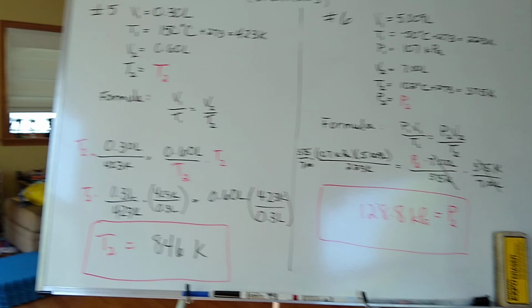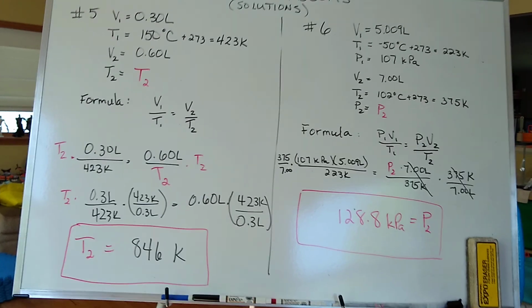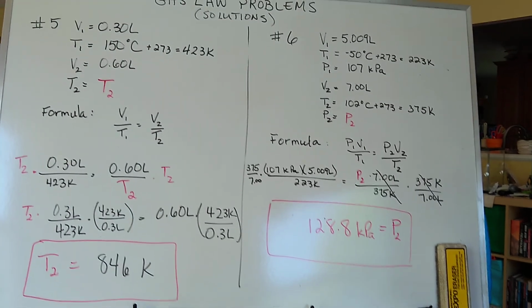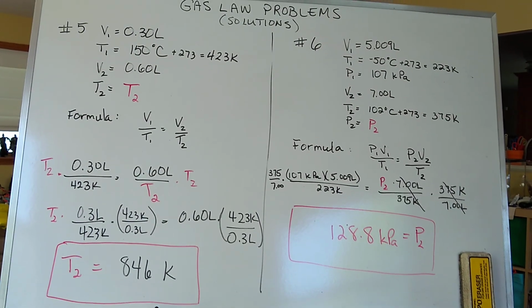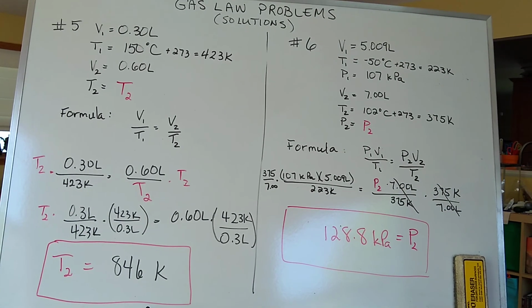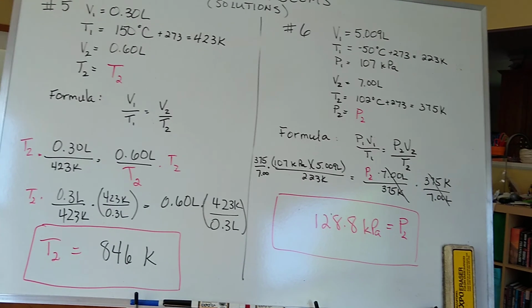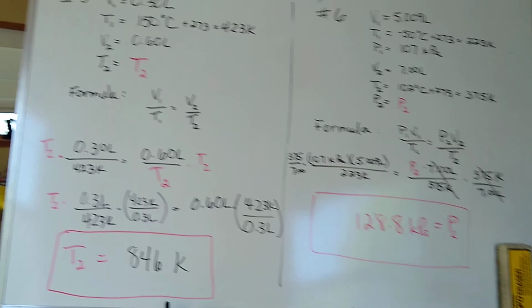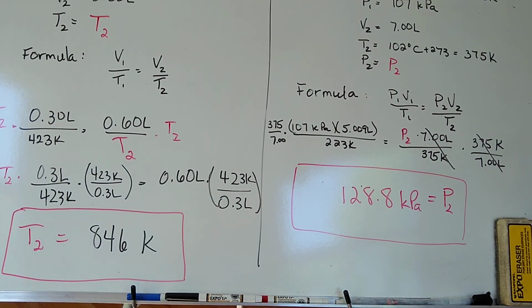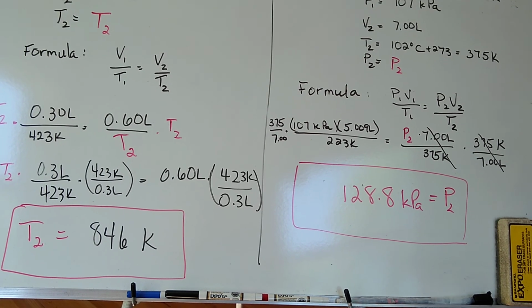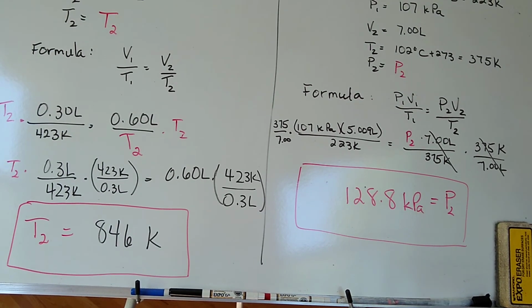What is the new temperature? Volume and temperature have a direct relationship. When one goes up, the other goes up. So the formula is V1 over T1 equals V2 over T2. So plug in your information. 0.3 liters divided by 423 equals 0.6 liters divided by T2, our unknown.